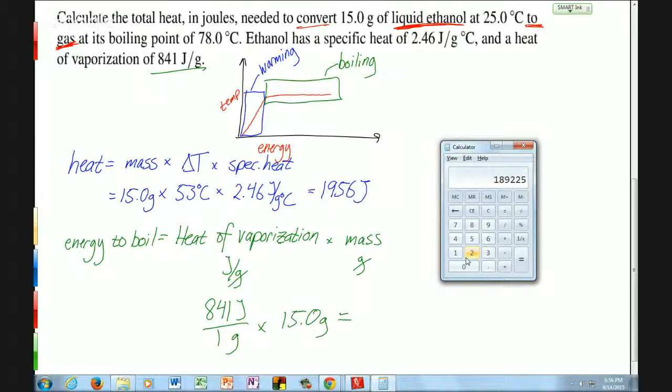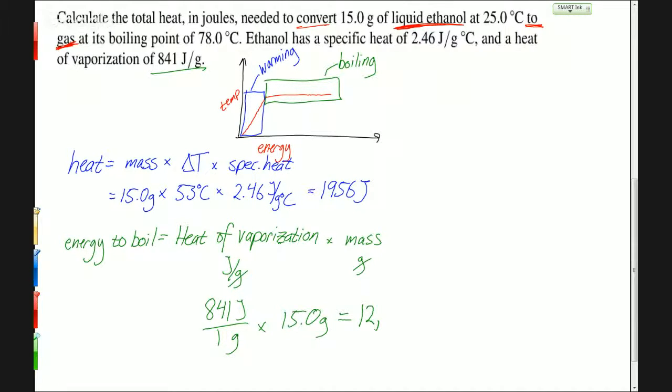Let's try that again. 841 times 15. 12,615 joules.